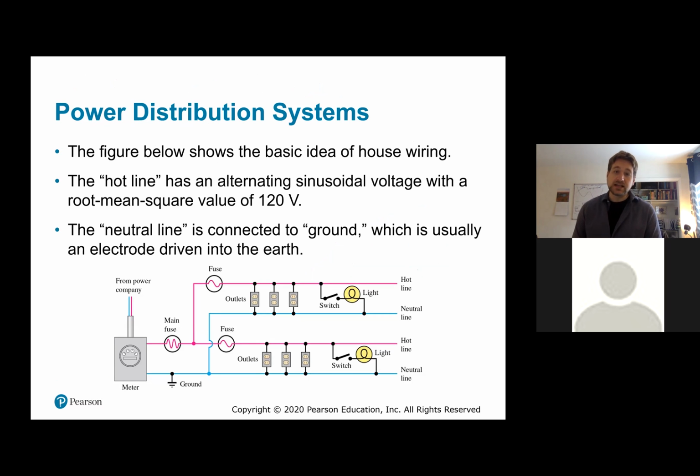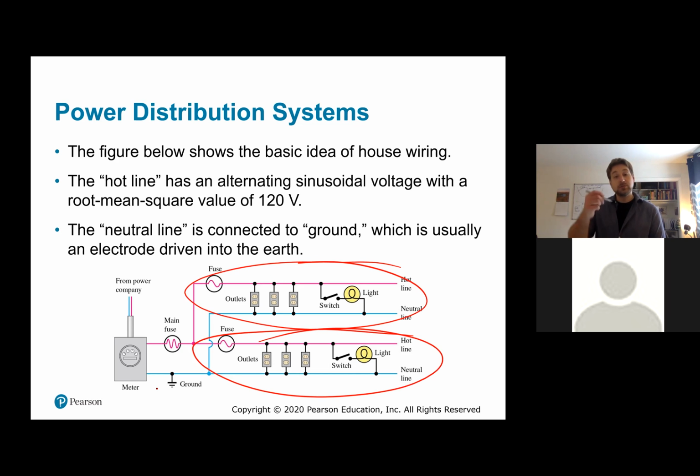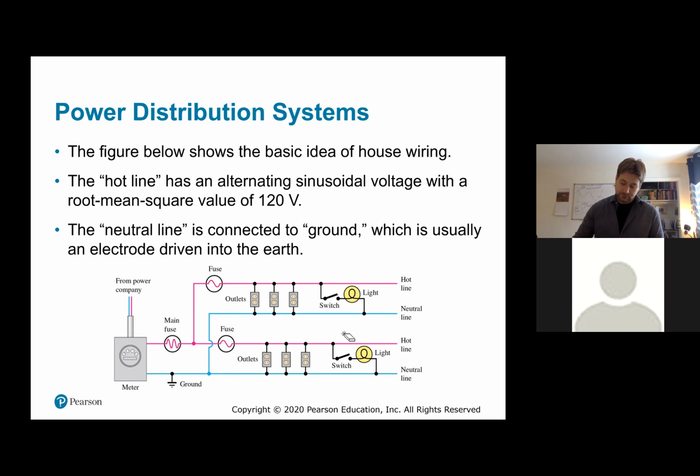Just giving you a minute to take in this diagram. Imagine this is one room of the house, and this is another room of the house, and there might be more rooms. This just ends, maybe at an outlet.